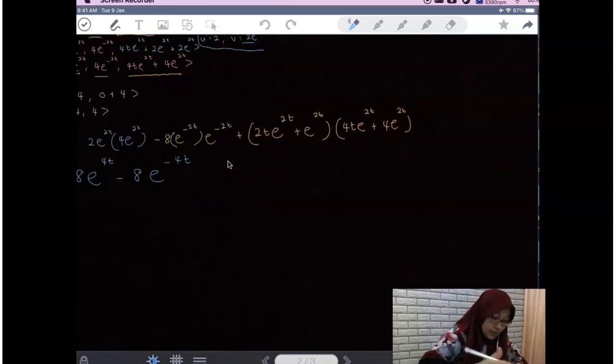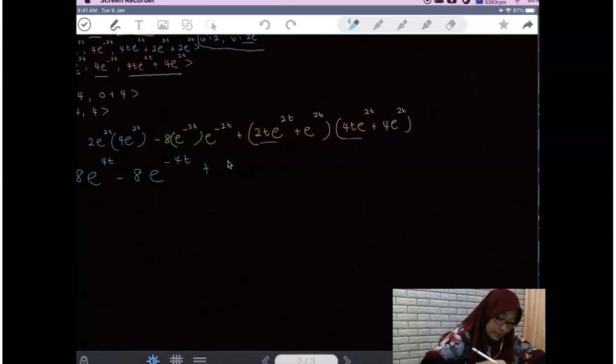And for this one, you have to be careful when you expand. So 4t times 2t will give you 8t squared e to the 4t, plus 8t e to the 4t.